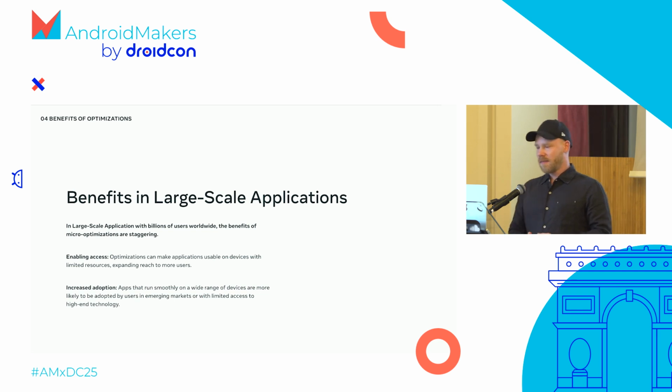If you think about older devices, limited resources, then this can expand our reach in certain areas. So it can increase adoption in, for example, emerging markets, where people are not using the latest phones, right? So people are using phones with more constrained systems, and this is where the micro optimizations will shine.